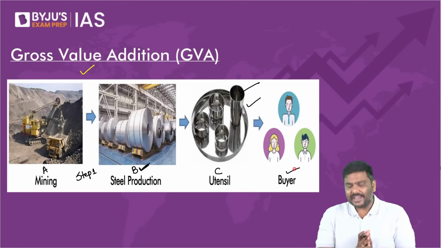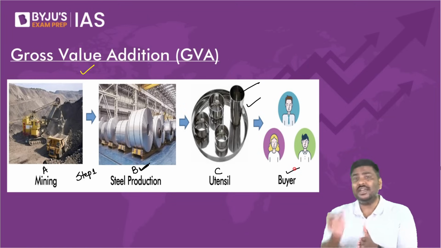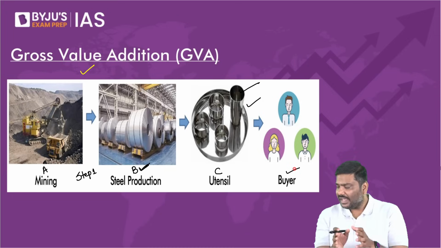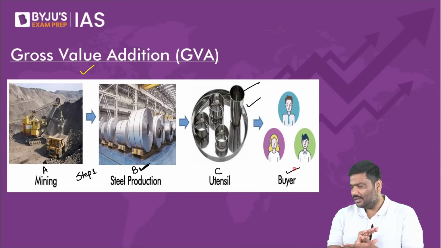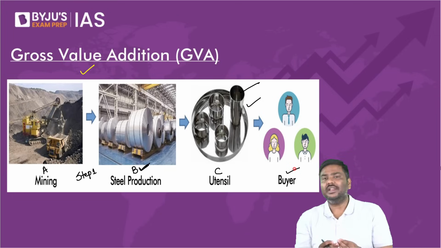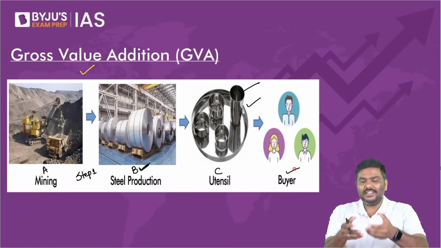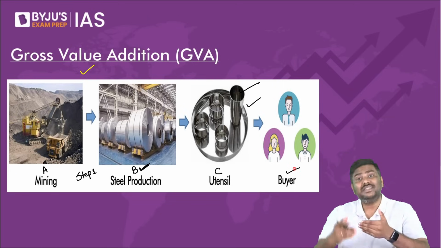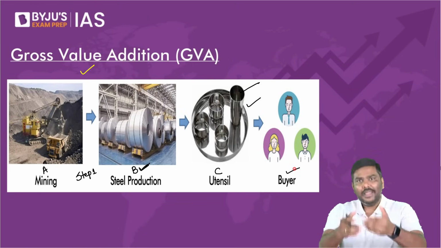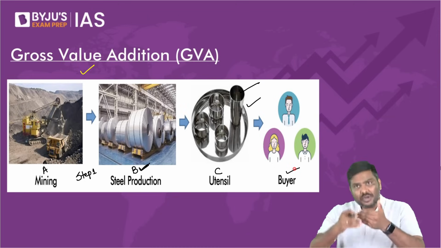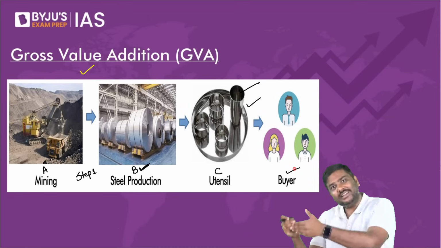Now, can I say company C is using raw material? Any problem here? Company C is using raw material. Now, many of you are asking, what do you mean by raw material? Raw material means anything that you purchase, process, and sell in the market.